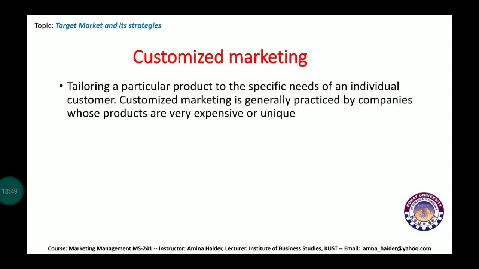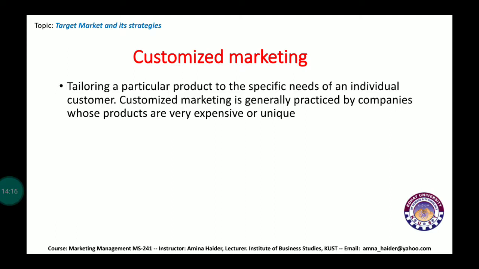Many service providers, such as advertising and marketing research firms and architects, vary their offering on a customer to customer basis. They will discuss face to face with each customer their requirements and tailor their services accordingly.